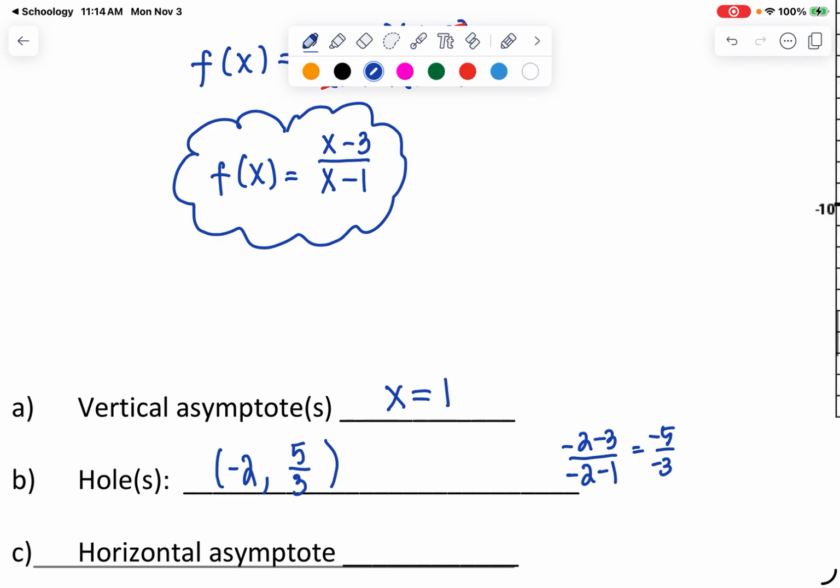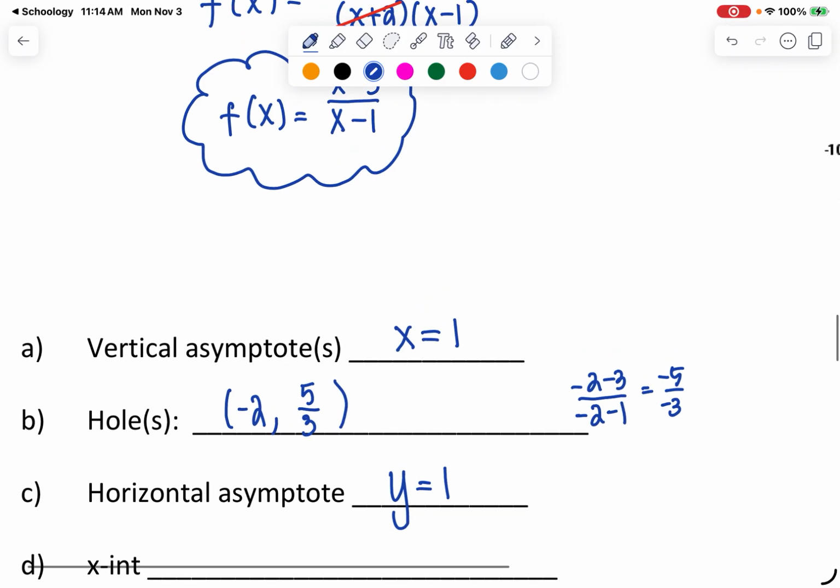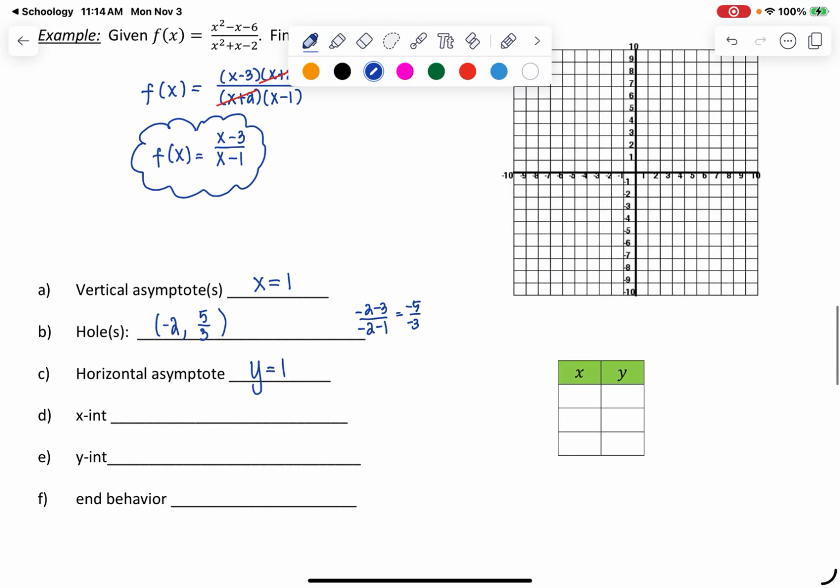Horizontal asymptote, compare the degrees. The degrees are the same, they're both 1 and 1. So we are going to take a ratio of the leading coefficients, 1 and 1. 1 divided by 1 is 1, so we have y equals 1. X-intercept, set the numerator equal to 0 and solve. You get 3, 0. Y-intercept, plug in 0 for x and see what you get for y.